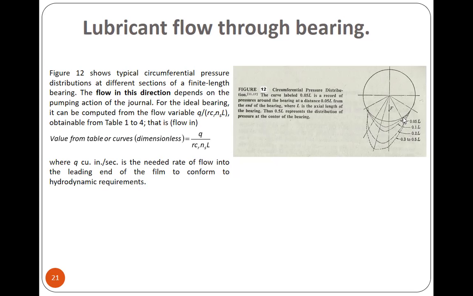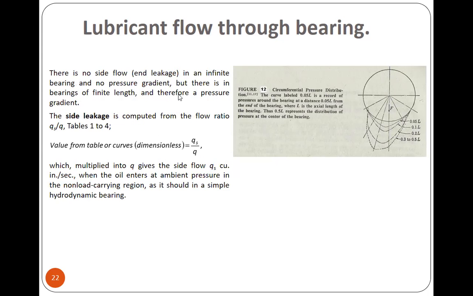So, itong 0.5, kalahati ng bearing. Kung ang length mo is L, so sa gitna ng bearing, ito yung distribution mo. Hindi naman uniform yung pressure. So, for the flow, ito.